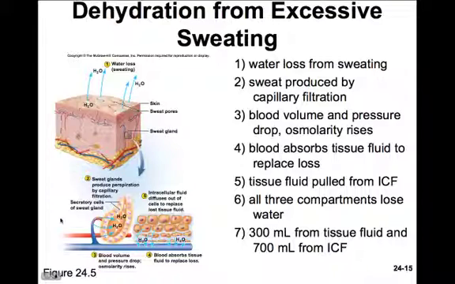For 1 liter of water that's sweated out, about 700 milliliters of it would come from intracellular fluid inside the cells, and about 300 would come from the tissue fluid. And that's in order to maintain the blood volume so that we can supply the nutrients necessary.